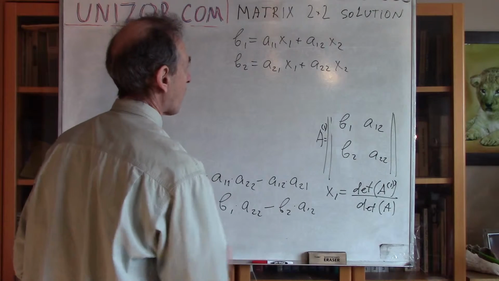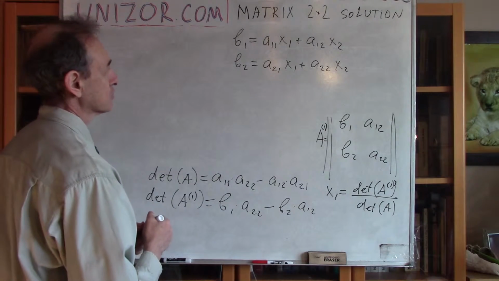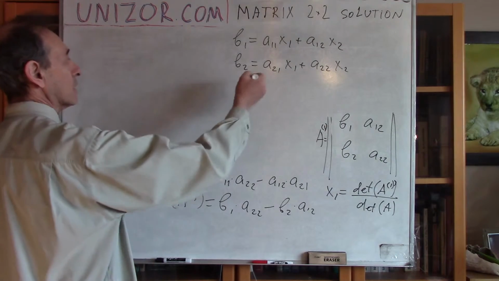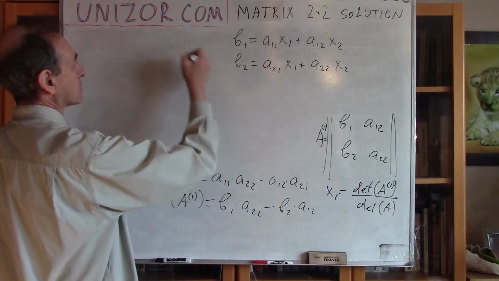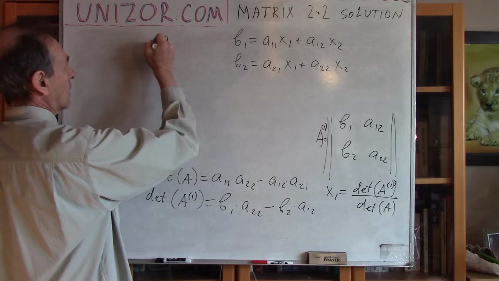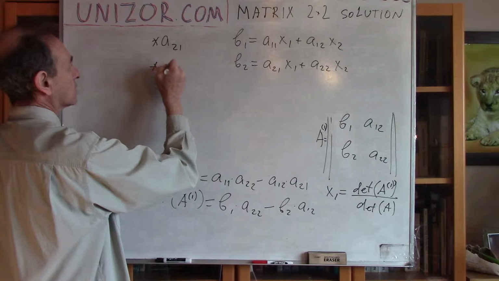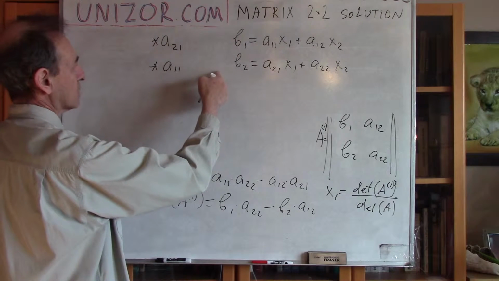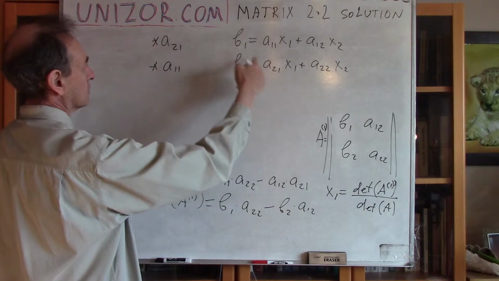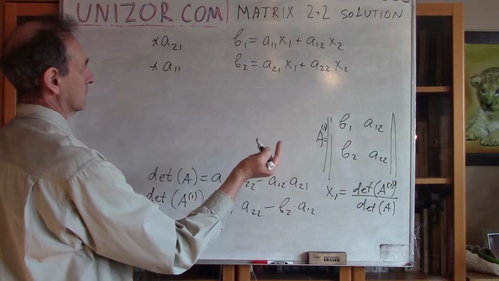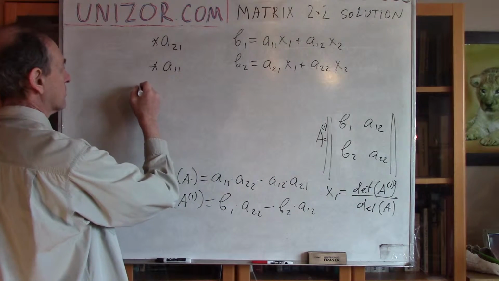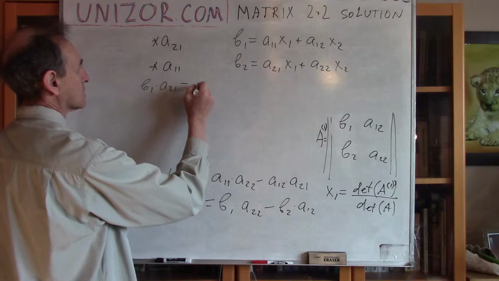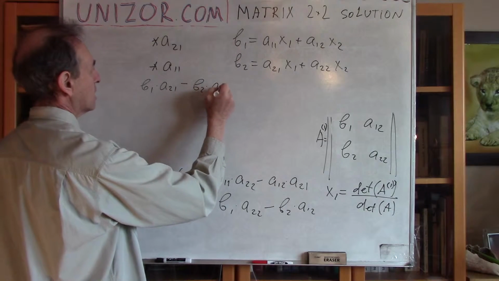And let's solve it for x2. I would prefer to do exactly the same way as I did when solving for x1. I'll just eliminate x1. To eliminate x1, I will multiply this by a21, and this I will multiply by a11, and subtract. From this, I subtract this, in which case my x1 is cancelled out, and what remains is b1 times a21 minus b2 times a11.